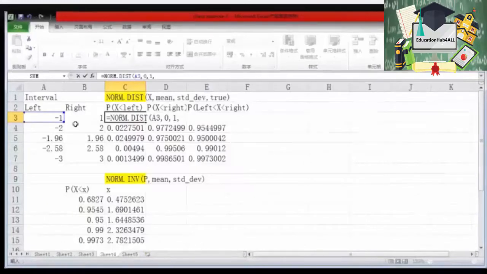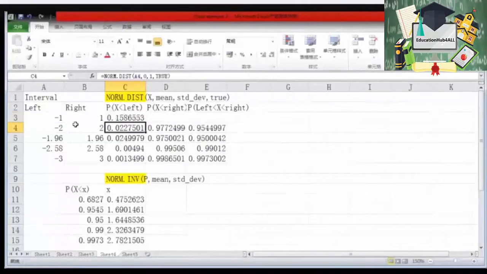If we input true, then that's the area. So here we want the probability. So we don't really want to know how high this is at this point. We want to know the probability. So we give 1. So here it's like the accumulated. So I hit enter.